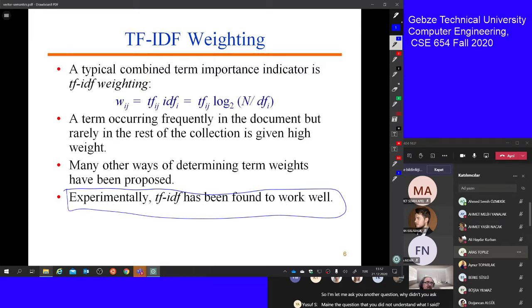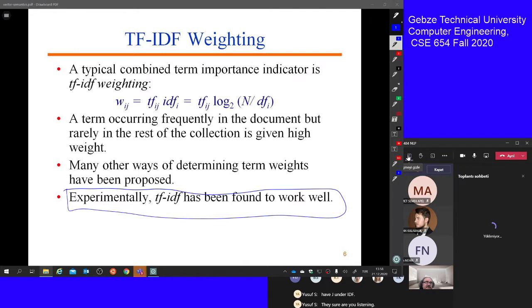Okay, Büşra, your turn. Büşra Yılmaz. Tell me why we don't have J under IDF. Büşra, are you listening? Büşra, are you listening to the class?